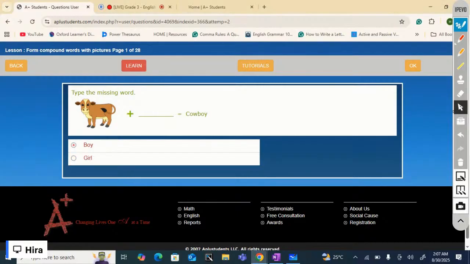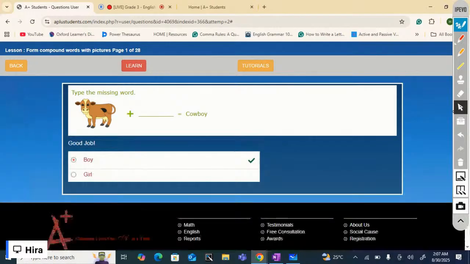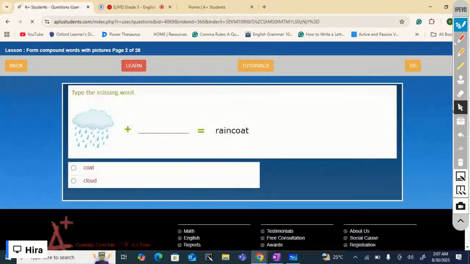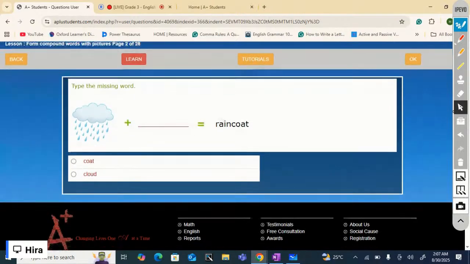So, rain. Out of these two, which word can you choose? Coat or cloud? And the compound word that we have here is raincoat. It means one word is missing, and that is coat, raincoat.